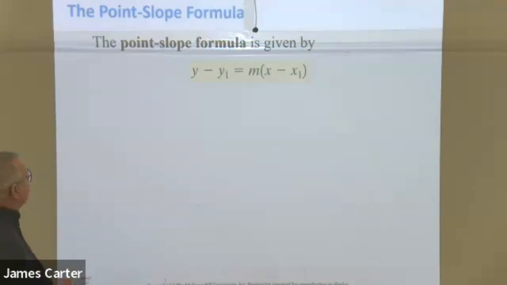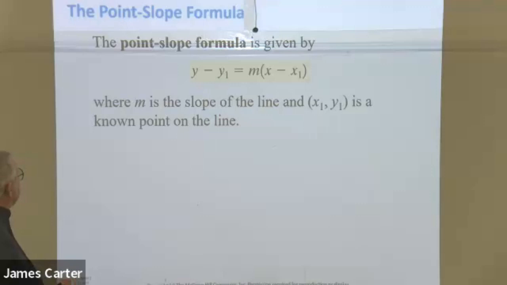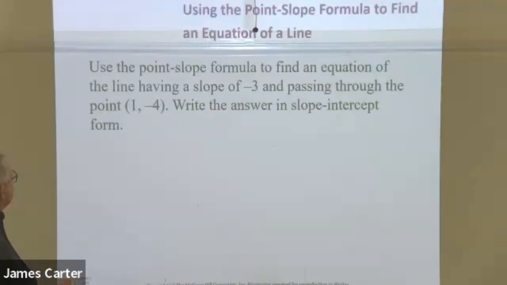Here they're formally introducing that. Now, again, this is just kind of repeating what I told you. Here's the same problem we just did.